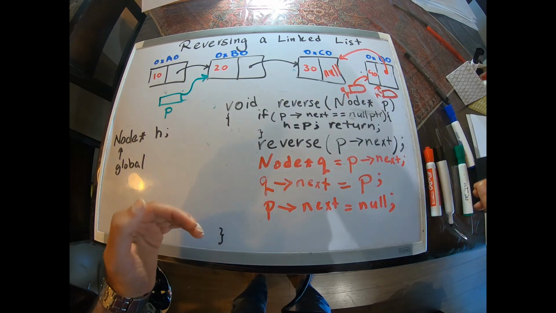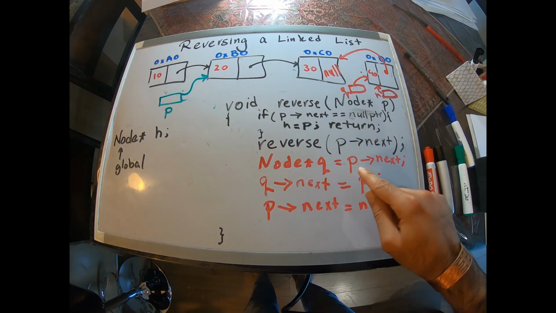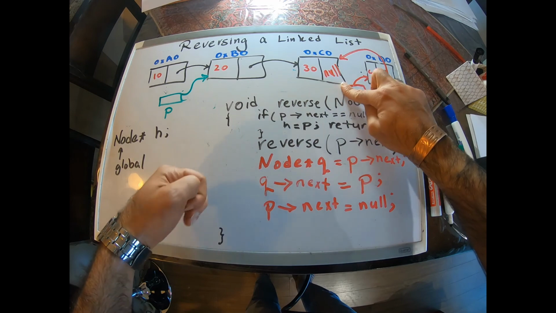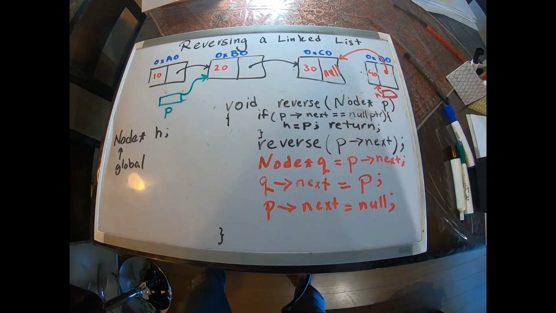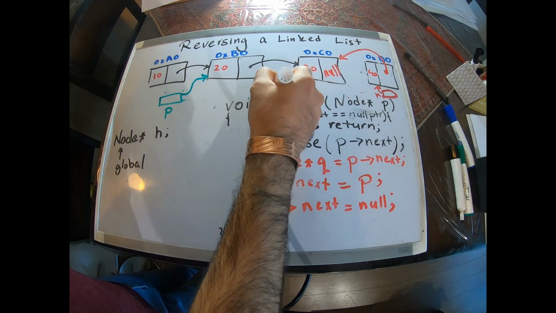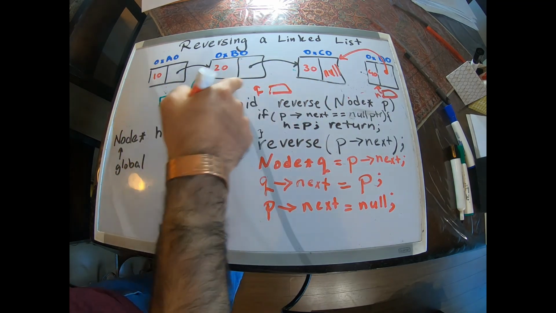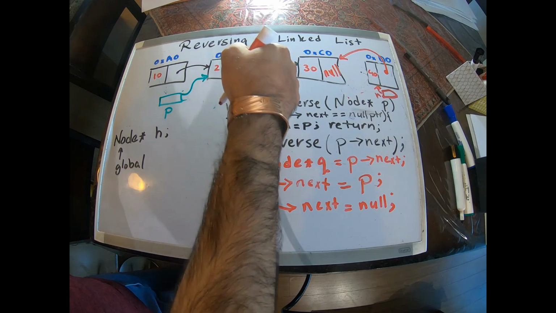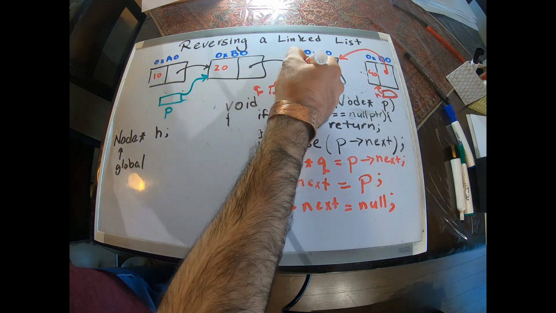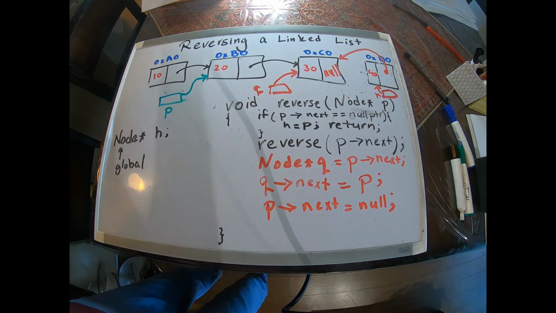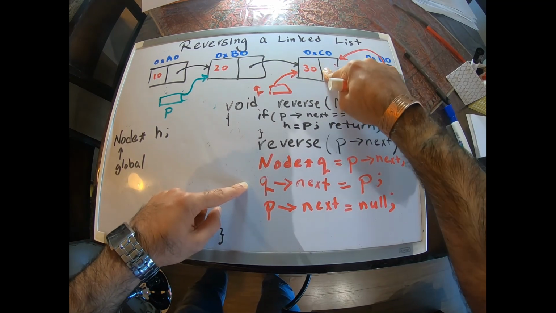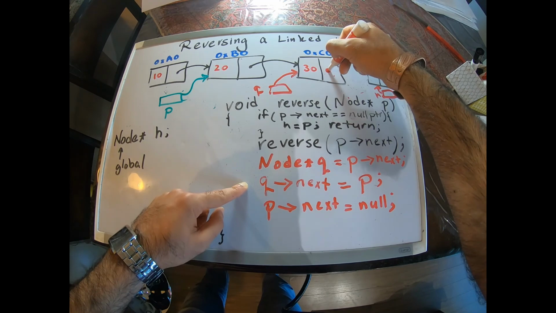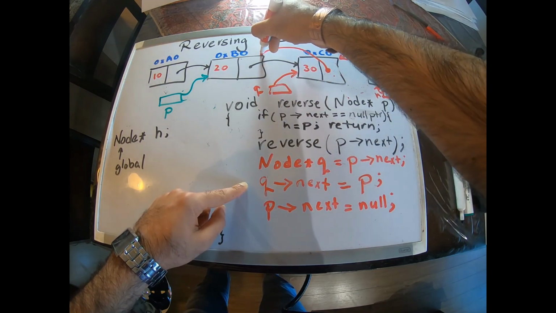It's going to continue. So again, this Q is going to be deallocated once we return from the function. We're going to have another Q, which is going to point to where P arrow next is pointing to. And again, we say that Q arrow next, which is this one, let's make this one point to where P is pointing to.